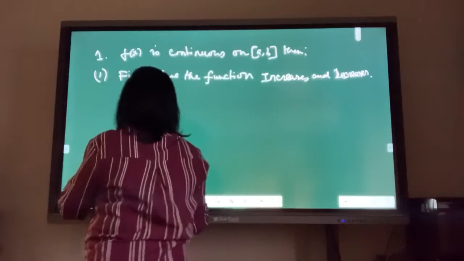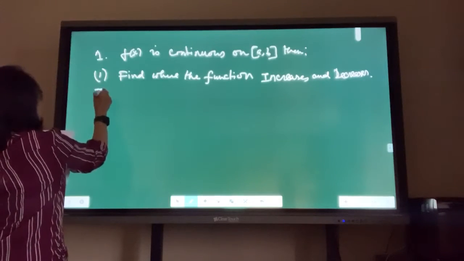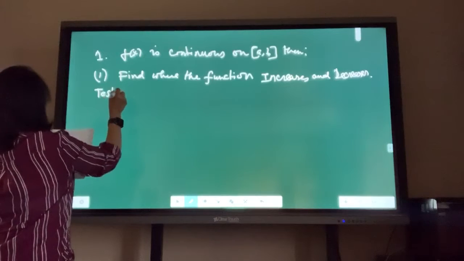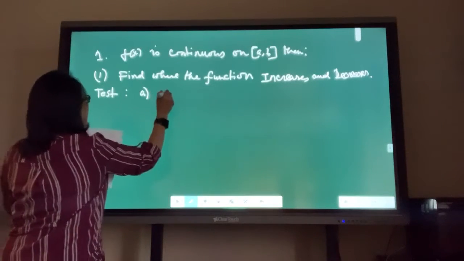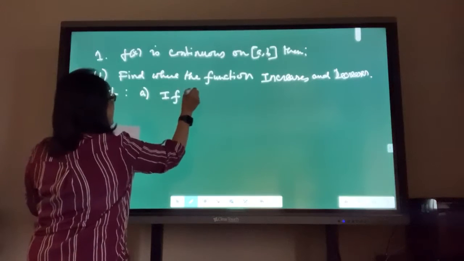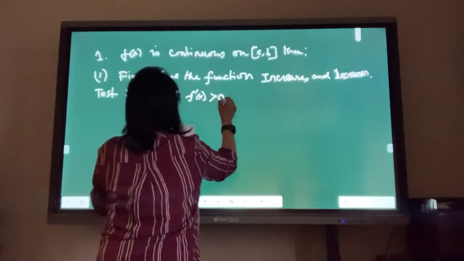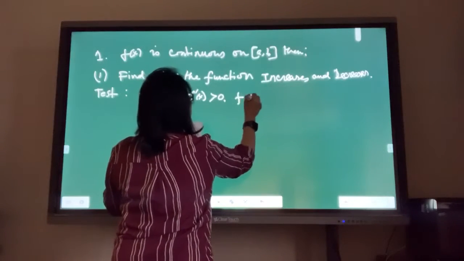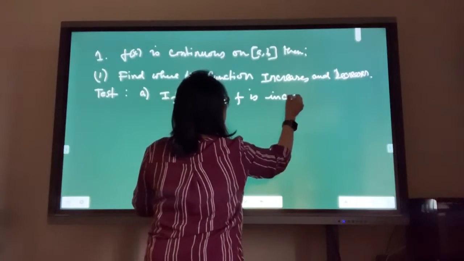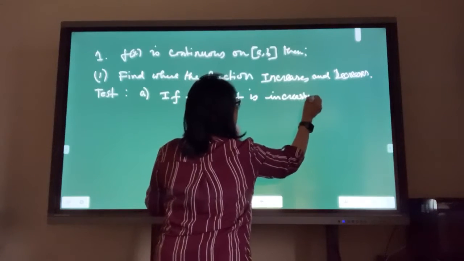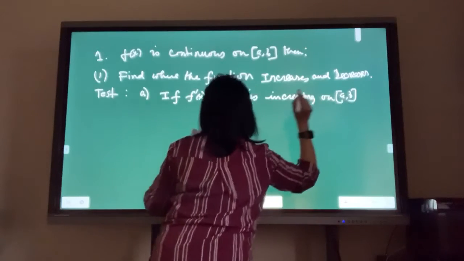Okay, so there is a test for this, the increasing and decreasing function test, for this part A. If the derivative of the function is positive, which is greater than 0, f is increasing on this closed interval a comma b.